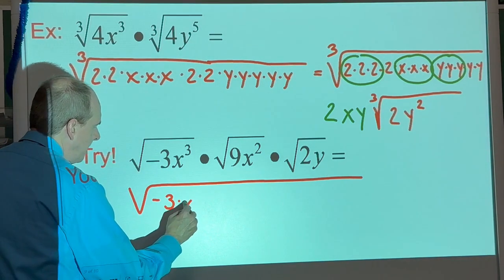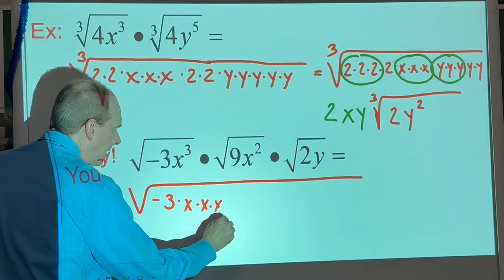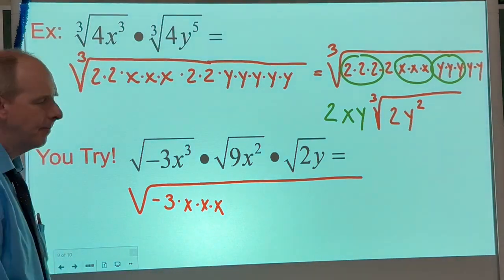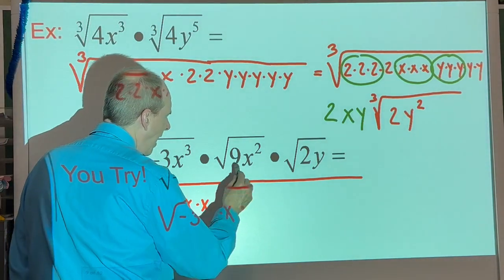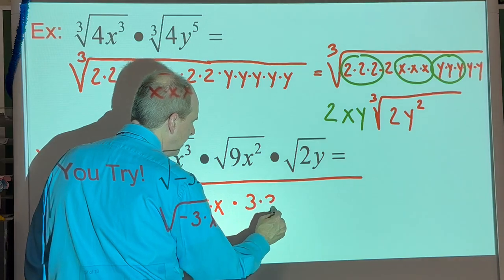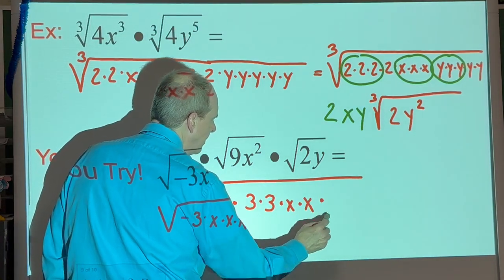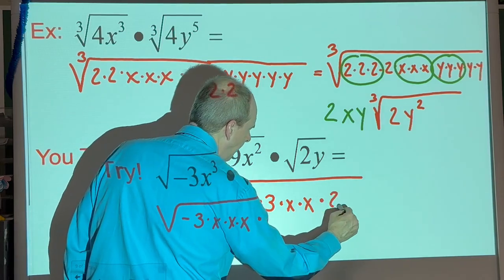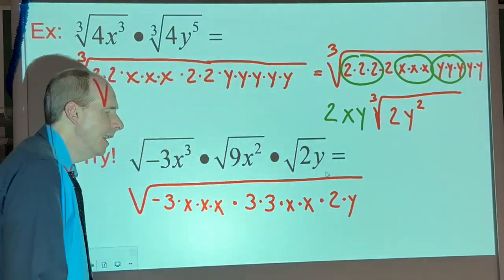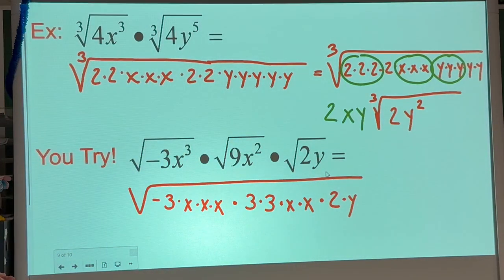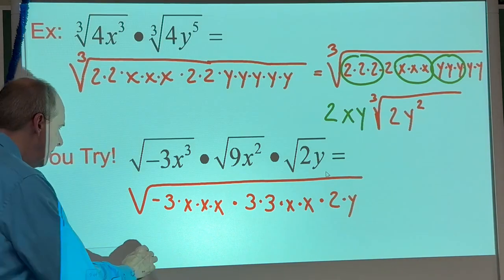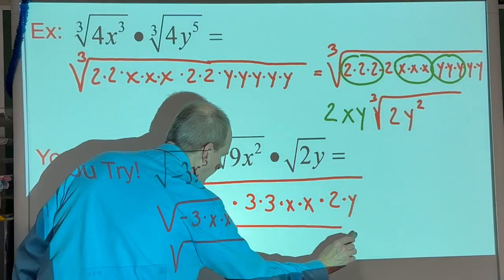-3 times x times x times x is x cubed. Times 9 is 3 times 3. X squared is x times x. Times 2 times y. I'm going to put all the numbers together, all the x's next and the y's last. Then I can look for pairs.